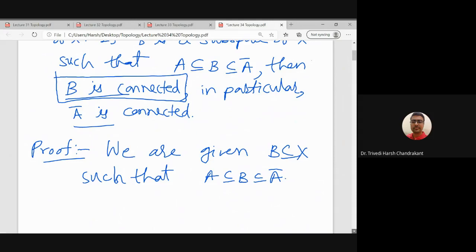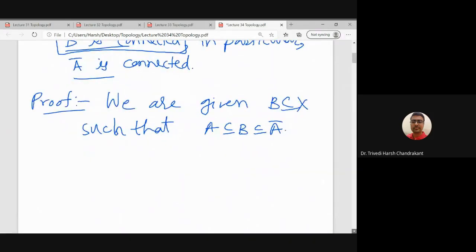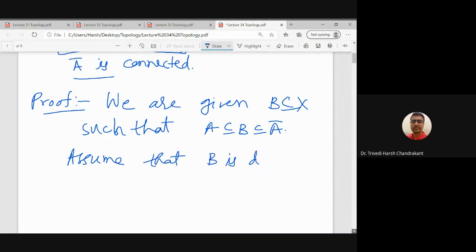We will assume that B is not connected and we will get a contradiction. So that will prove that B is a connected set. So assume that B is disconnected.